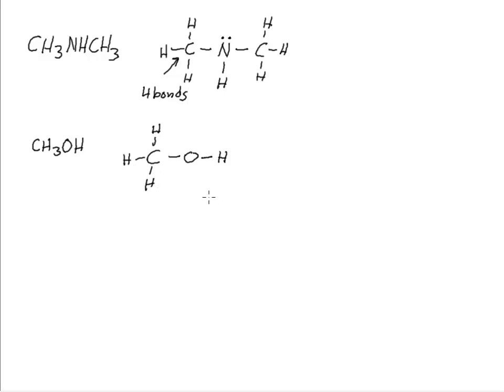We can establish that every atom has a full octet, or 1 bond for the hydrogens. Every hydrogen is good. This carbon has 4. This oxygen only has 2, and we know that it wants 2 bonds and 2 lone pairs normally, so we give it 2 lone pairs. This is the compound methanol. And here we see 2 central atoms.